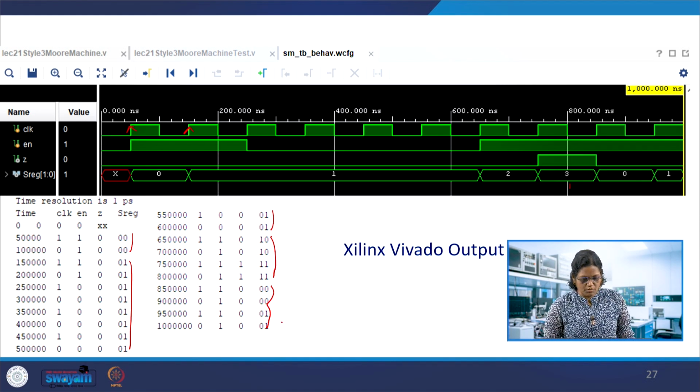So what we have done: we have a state machine, and there are different types of state machines, like the Mealy state machine and the Moore state machine. In the Moore machine, the current state decides the output, and in the Mealy machine, the current state and the input decide the output.